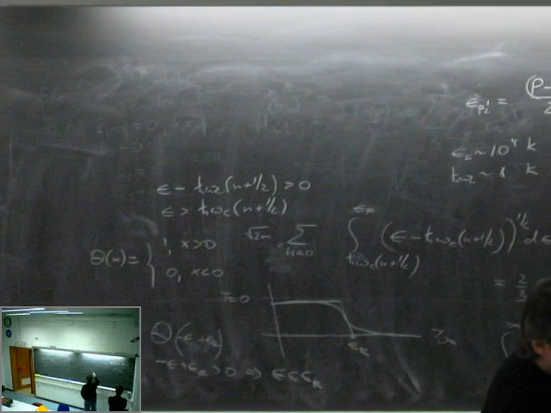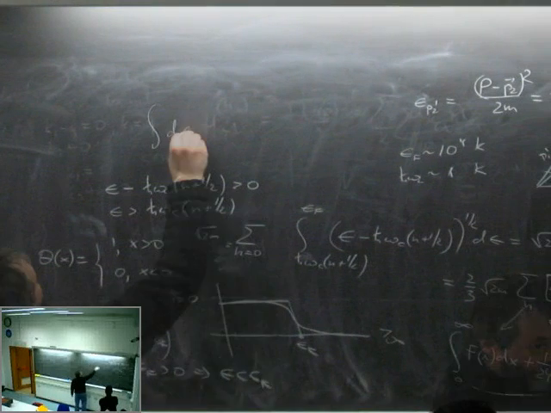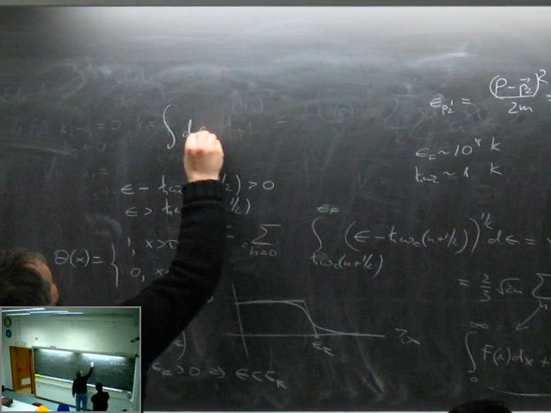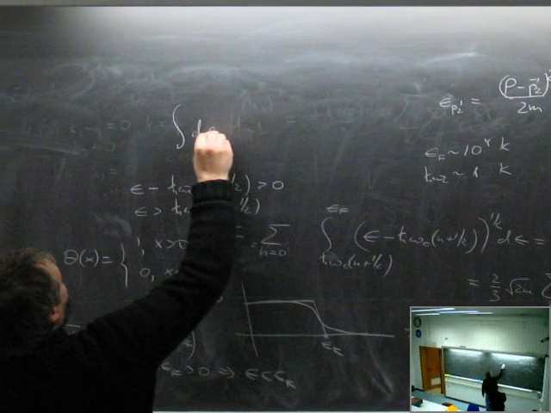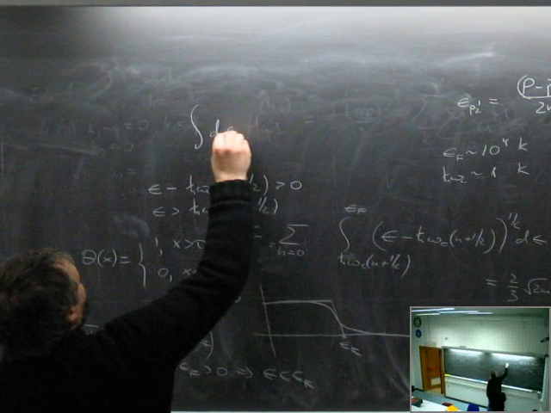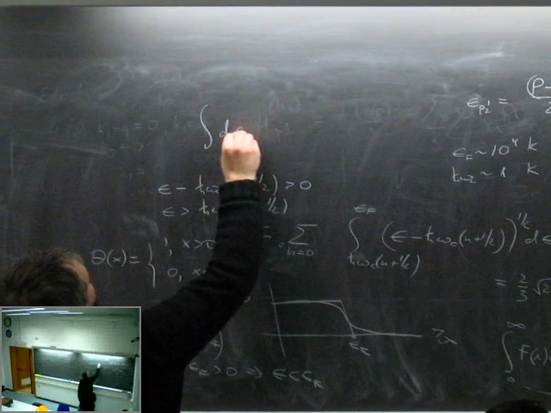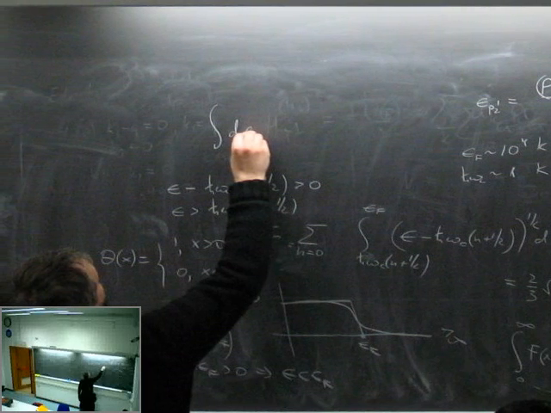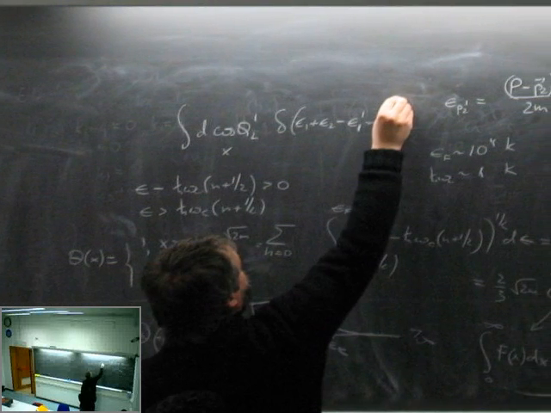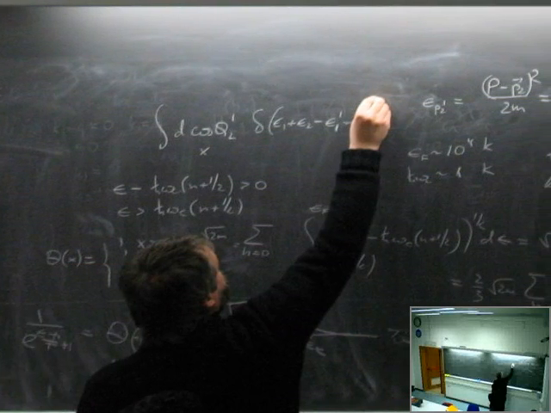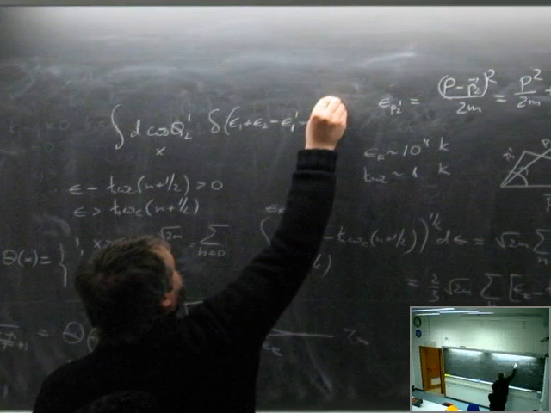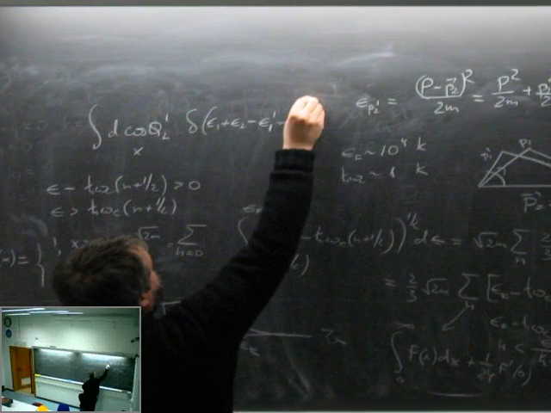So you have integral d cosine theta prime, which is x, delta epsilon 1 plus epsilon 2 minus epsilon 1 prime minus p squared over 2m minus p2 squared over 2m plus p2 over m cosine theta 2.